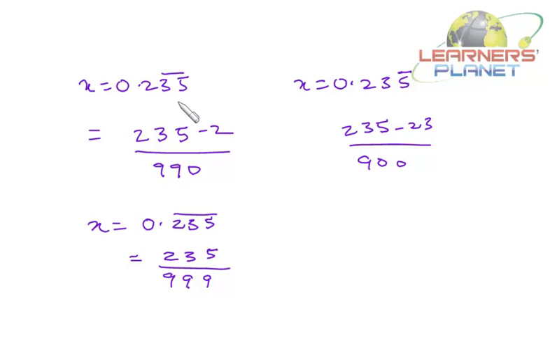You won't be taking much time to solve this sort of problem. So it is 235, that is the complete number, minus the digits having no bar. Here 235 minus 23, the complete number minus the digits having no bars. Okay, so it's very simple to do. Okay friends, I hope you are clear with the problem.